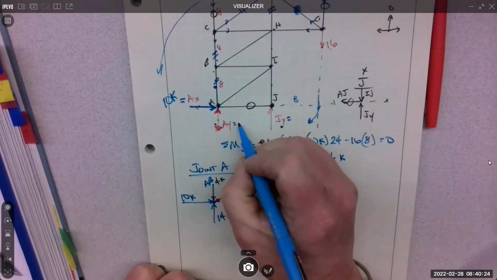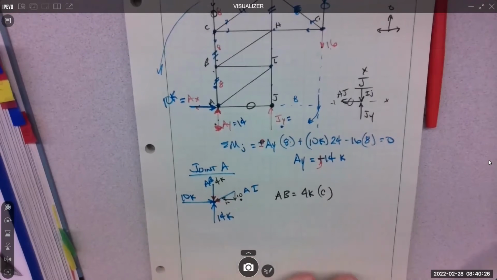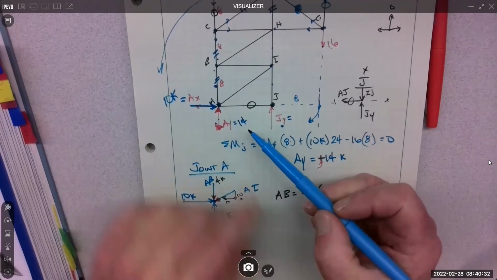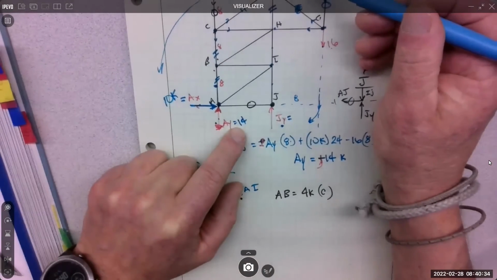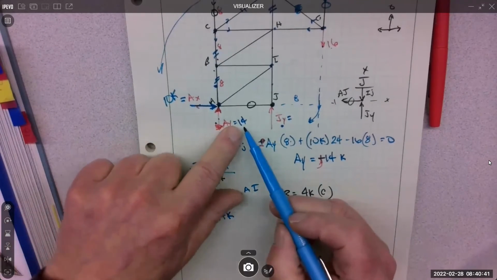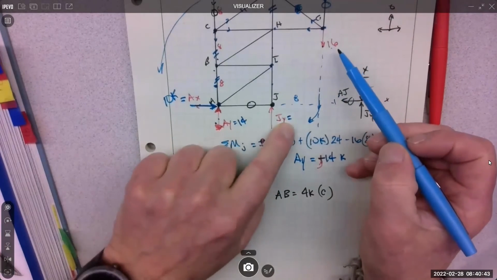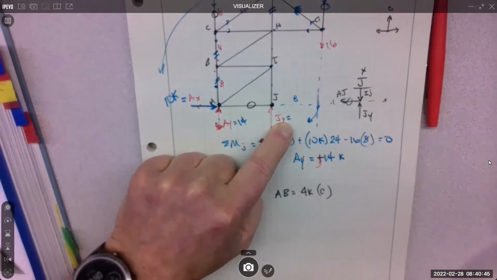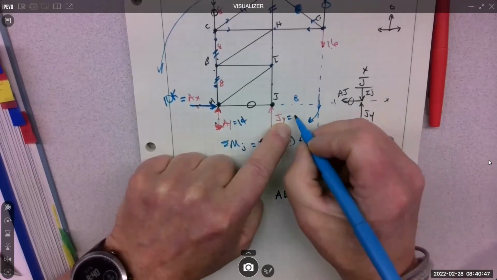We know this is 14. Yeah, 14 up, 24 down. So right there, I just put it all back together: 14 up, 24 down, 16 down. This should be 26, I believe.